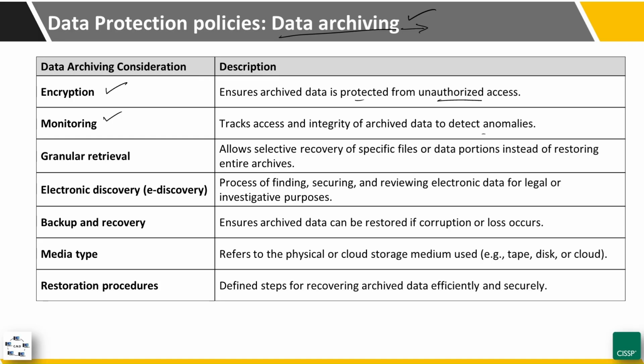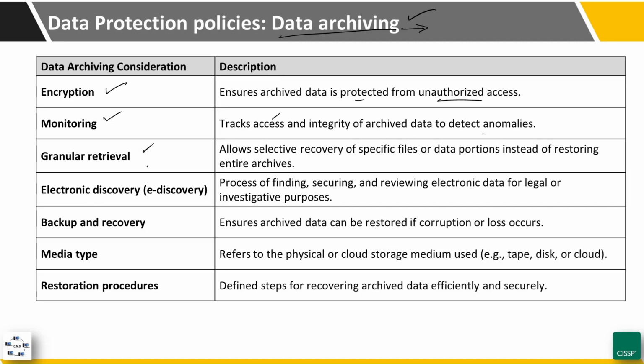Once data is archived, it should not be the case that you forget the data. It should be regularly monitored, so that if someone accesses it, you know who accessed the data and why. Similarly, you should ensure the integrity of archived data, so that it remains intact and is not corrupted. So the integrity anomalies and access anomalies should be monitored.